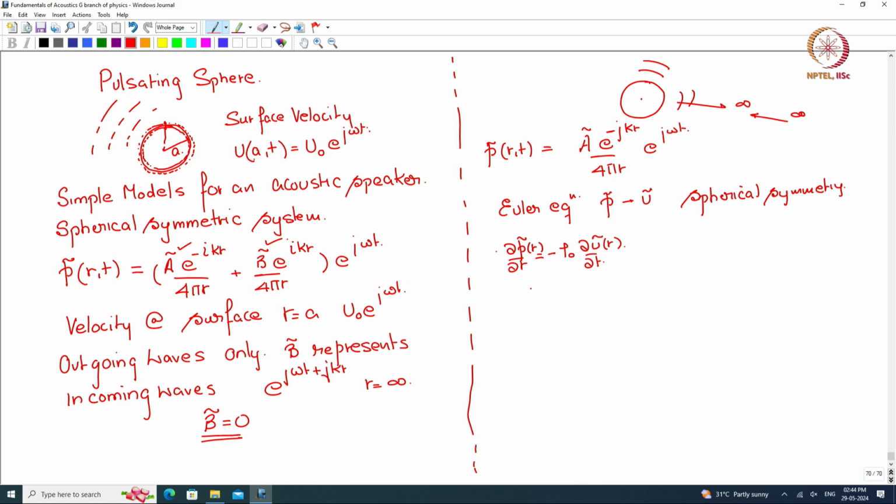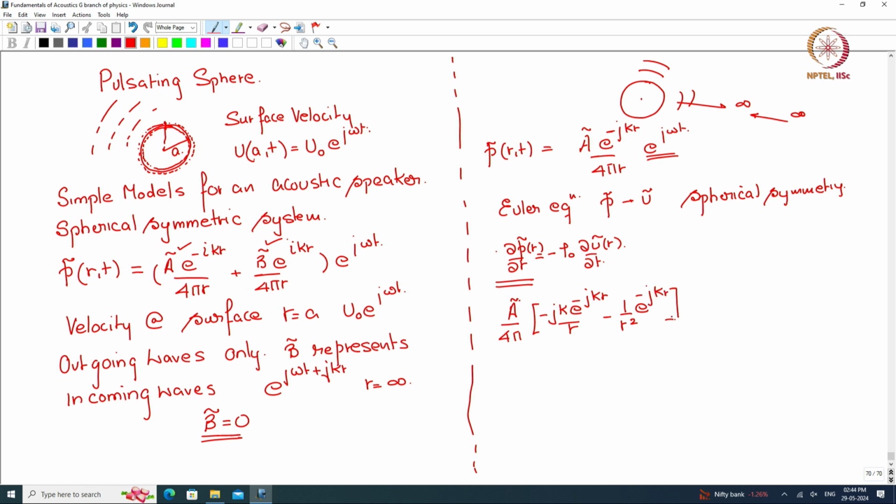Okay. So now if we do this operation, what do I get? I get A tilde, I will leave out the time dependence, A tilde by 4 pi, minus j k e to the power of minus j k r over r minus 1 over r square e to the power of minus j k r.